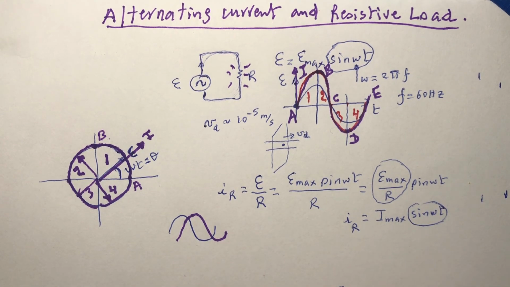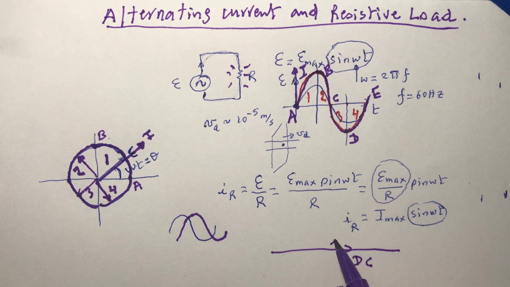Now, the alternating current is different from the direct current, DC. In DC current, this is DC current. The current is just going forward like that, one direction. Like for the battery that you buy from the store, 1.5 volt battery.